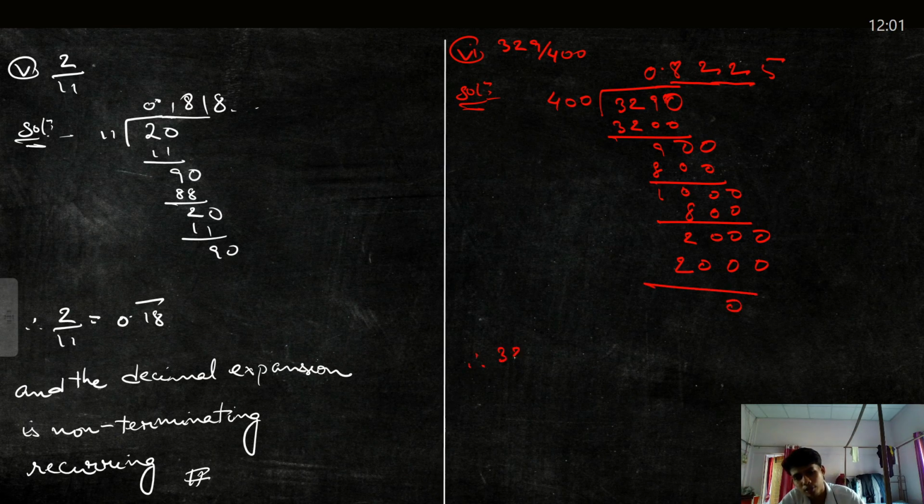Therefore 329 by 400 is equal to 0.8225, and the decimal expansion is terminating.